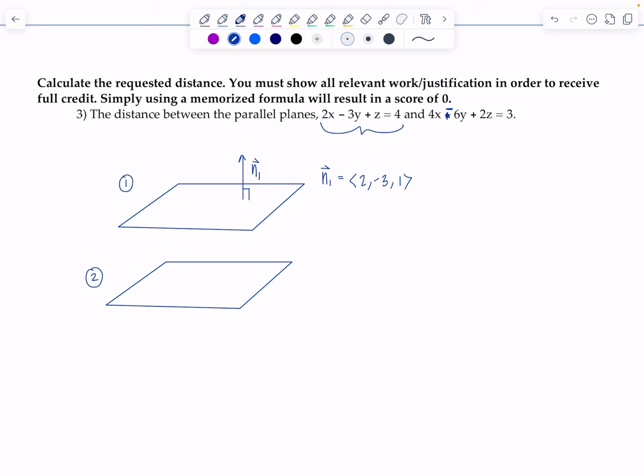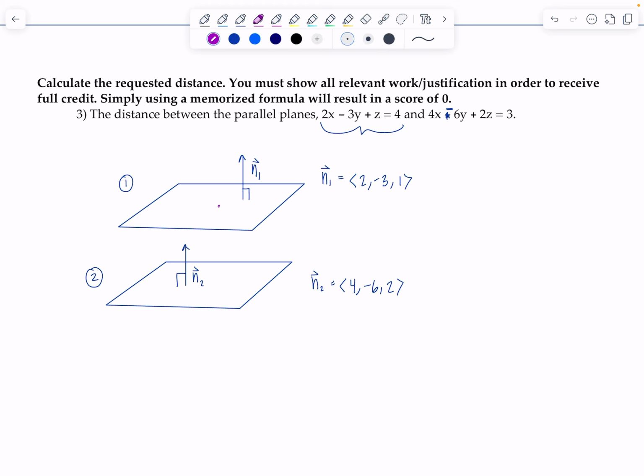And then normal vector 2 for my second plane has components 4, -6, 2. And we can see that these planes are parallel because the vectors that are normal to them are scalar multiples of one another.